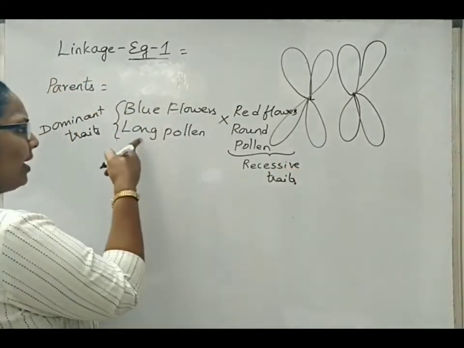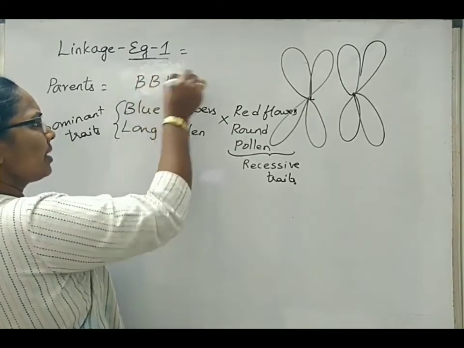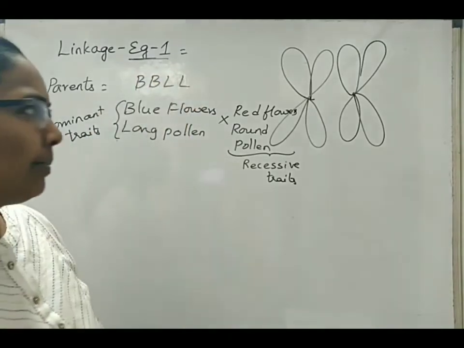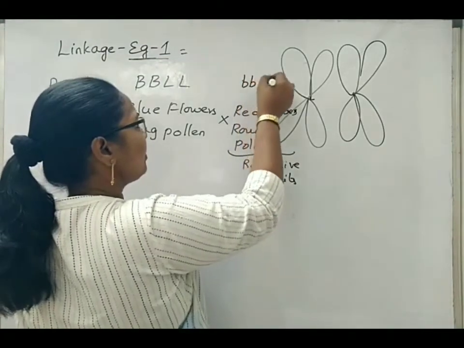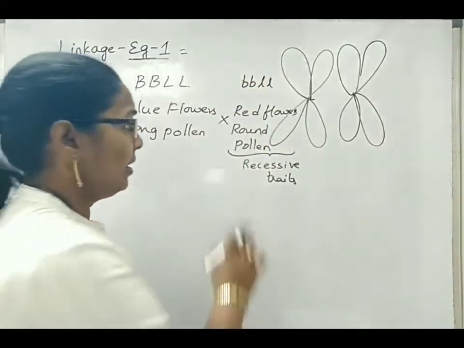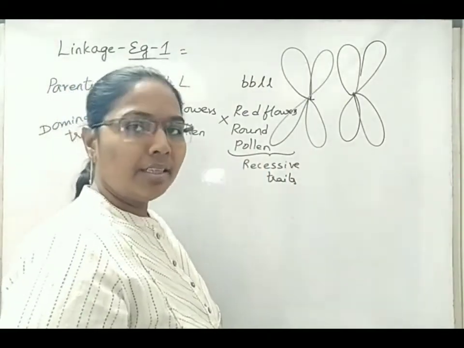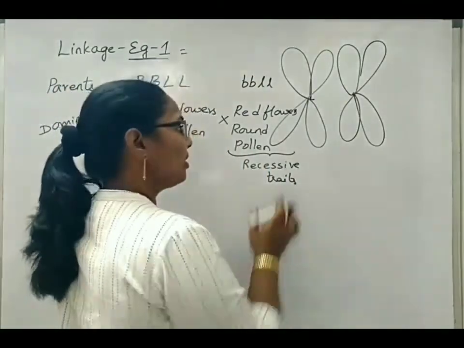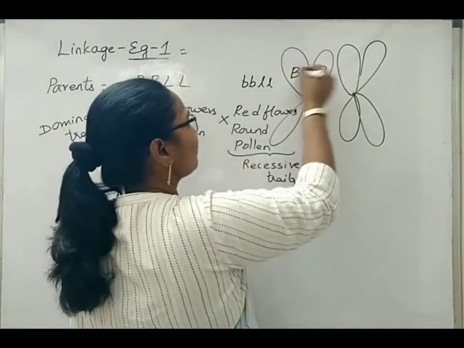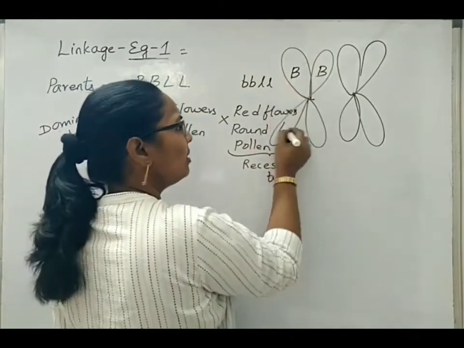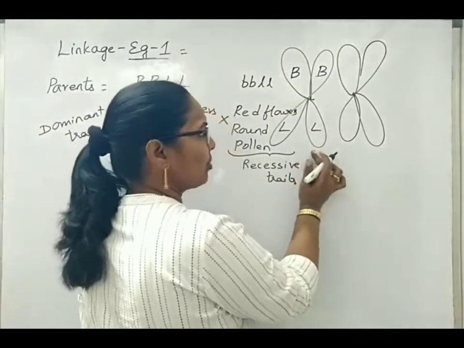Their genotypic distribution is considered as capital B, capital B, capital L, capital L, and the recessive one is small b, small b, small l, small l. If we see how the allele distribution is in the flowers taken from the same type of plant, both dominant alleles, responsible for blue color and for long pollen, are present on the same chromosome.